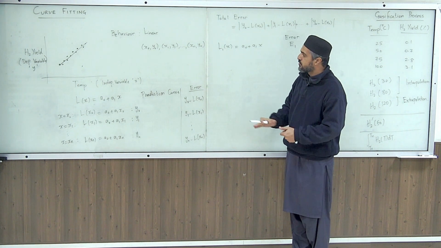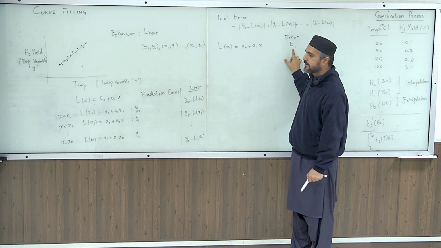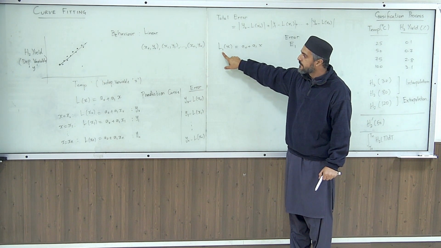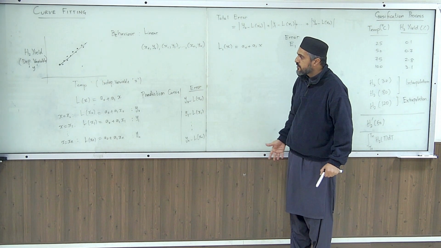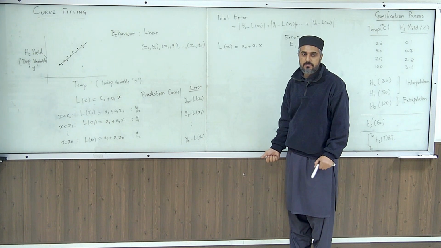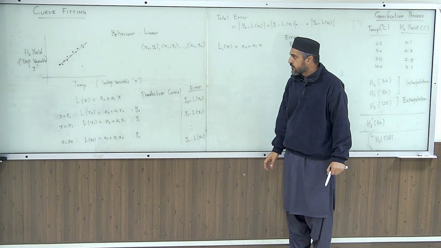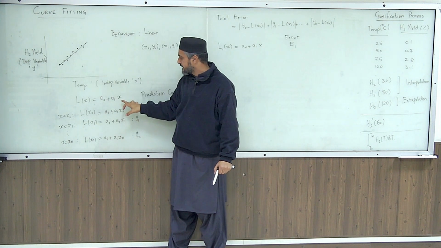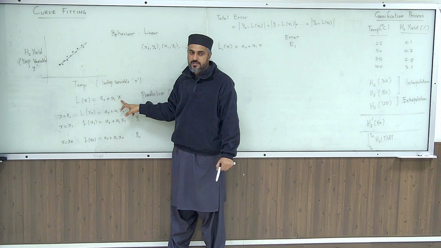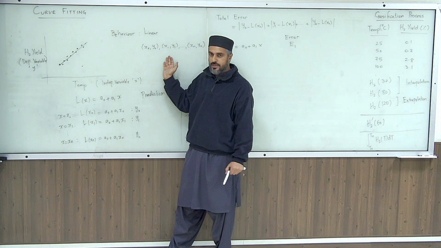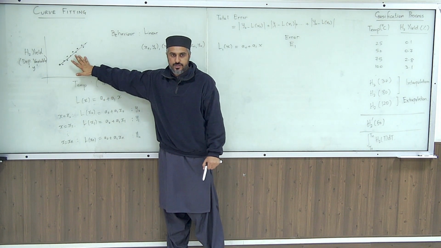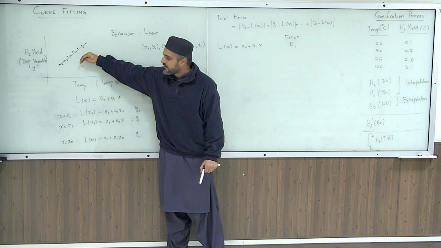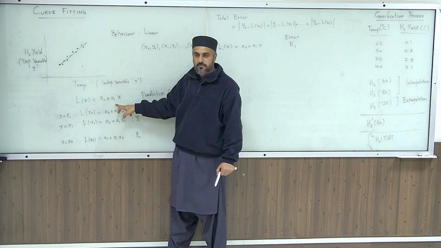So at line number 1 I got the error e1. Now I wish to find a line which comes with the minimum error. In this data, the data is obviously not going to change, so these dot points are not going to change. What's going to change is the line that I wish to fit within this data. That is my linear line.